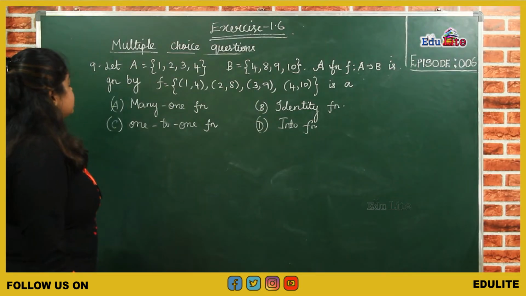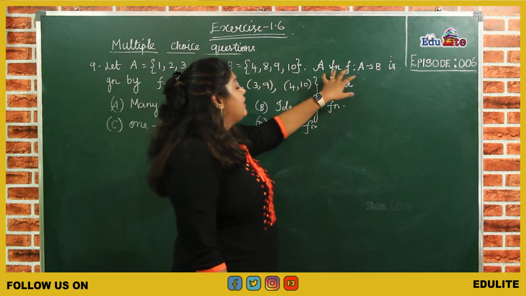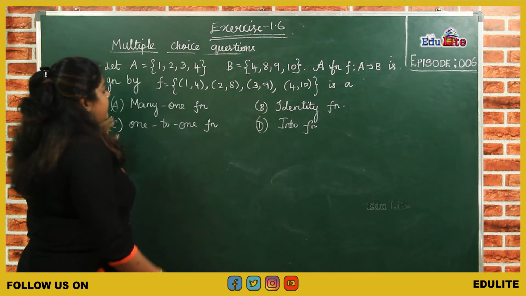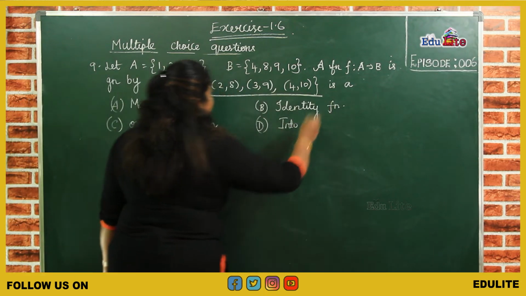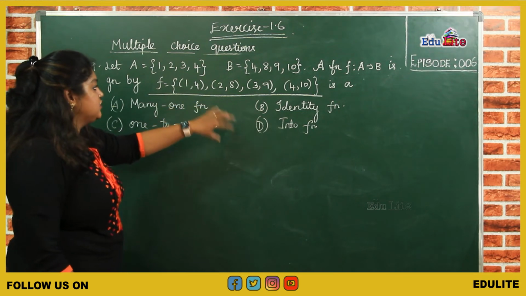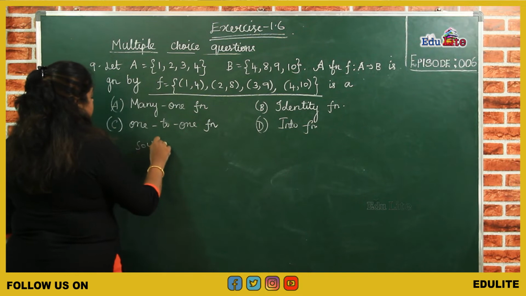So the next question is, A is given as {1, 2, 3, 4}. B is given as {4, 8, 9, 10}. A function f is a mapping from A to B, which is given by the function, and we have to find out using this function which type of function this relation gives us. So let us do it.